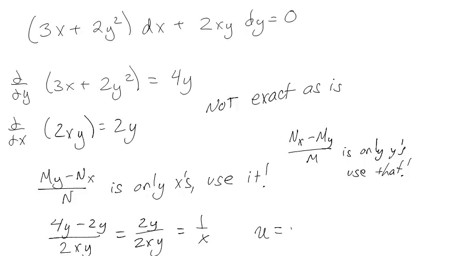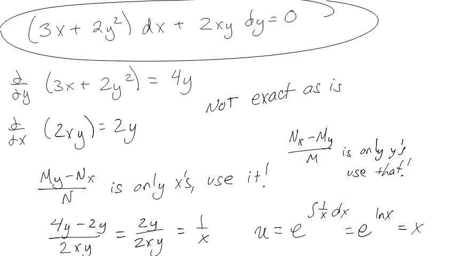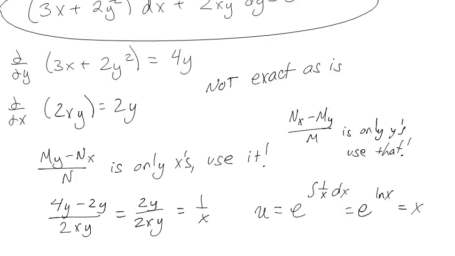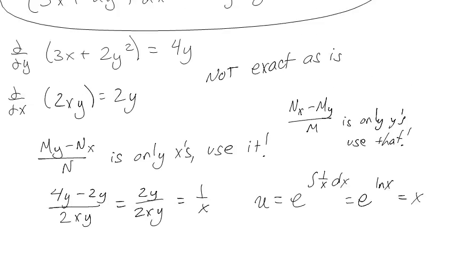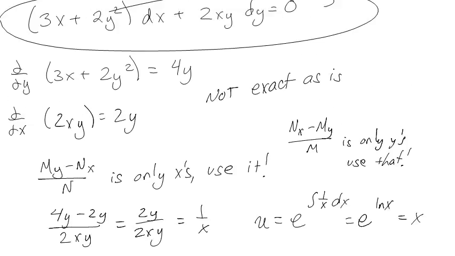So basically we're going to use e to the negative integral of 1 over x dx, which is e to the ln x, which is x. So that means we're going to multiply the entire original equation by x. Hold on, what was the original equation? I've already forgotten. I'll write it down here. Okay, here it is.